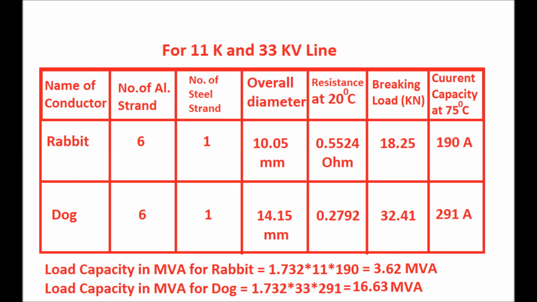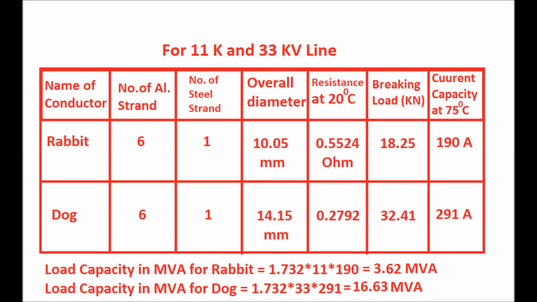The resistance at 20 degree centigrade is 0.5524 ohm. The breaking load, that is the maximum tensile strength it can withstand, is 18.25 kilonewton, and the current capacity at 75 degree is 190 ampere. So the load capacity in MVA for a rabbit conductor is root 3 into 11 into 190, which comes to 3.62 MVA.